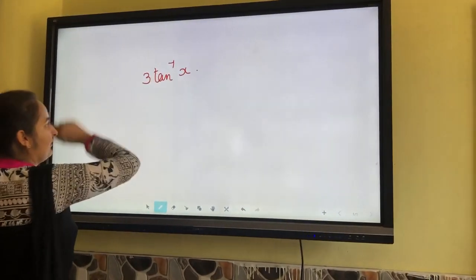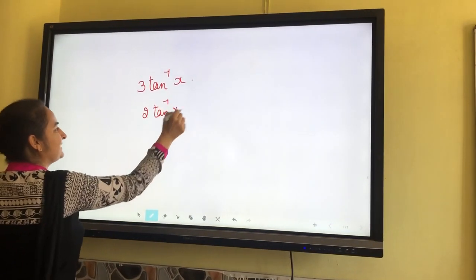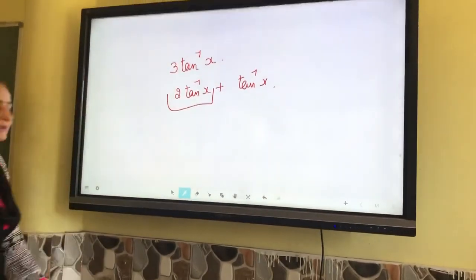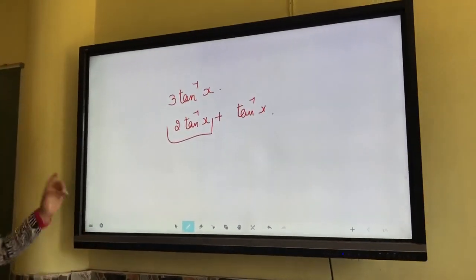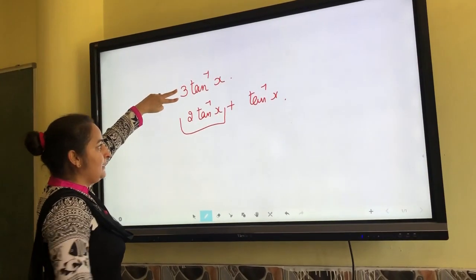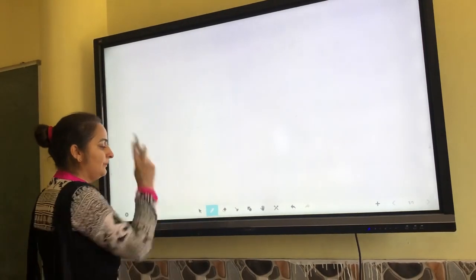If there is 3 tan inverse, I am writing it as 2 tangent inverse x plus tangent inverse x, and we know the formula for this. And next is the same step as the previous one. You should break the coefficient and write the trigonometry into two parts and apply the previous formula.